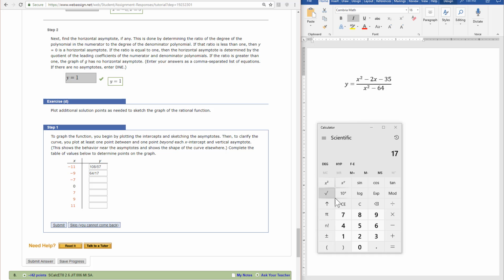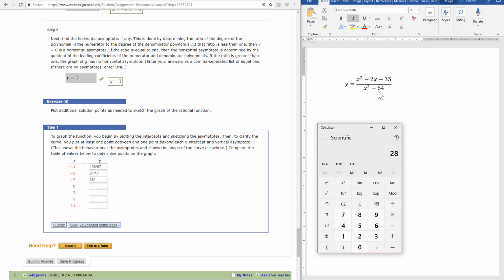All right, negative 7 in there. The first number is going to be 49. Negative 2 times negative 7 is going to be positive 14, and then minus 35. So that's 28 in the numerator.